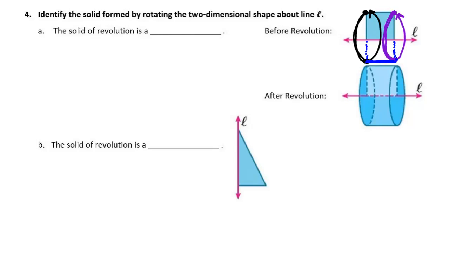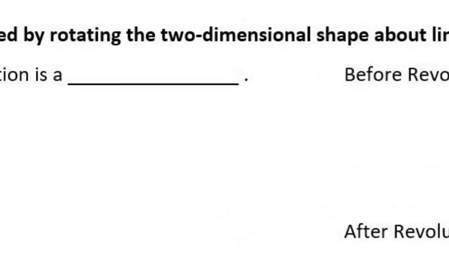The ends are circles, not a trapezoid. I'm looking for a three-dimensional object. So a prism, a pyramid, a cone, a sphere, a cylinder. We're talking about three-dimensional objects, things that I can pick up like this, not just flat shapes. Cylinder. It's a cylinder. It looks like a can knocked over on its side, right? This would create a cylinder.